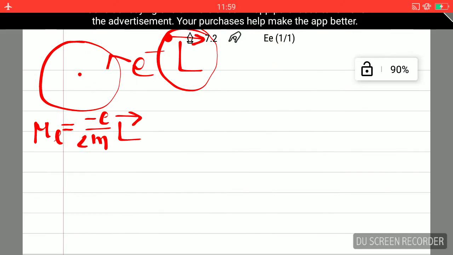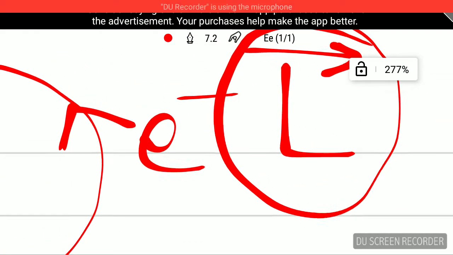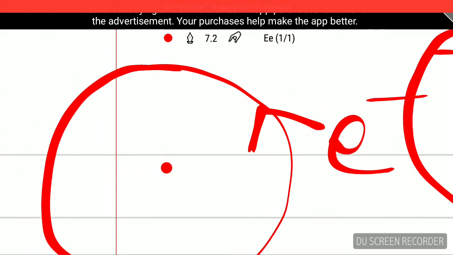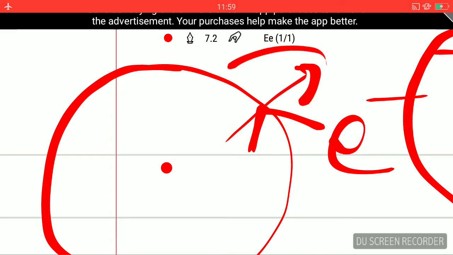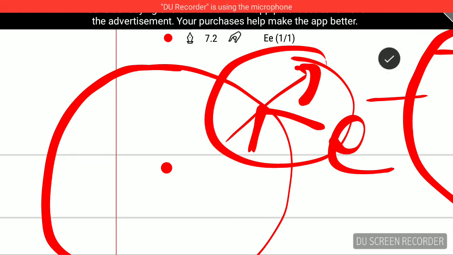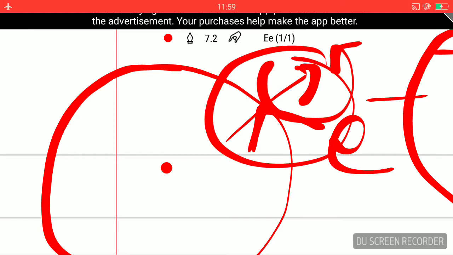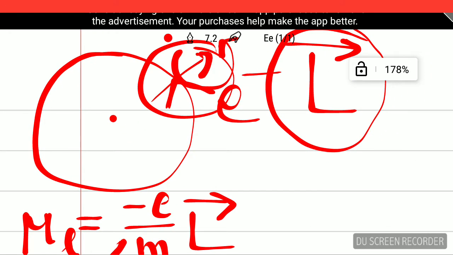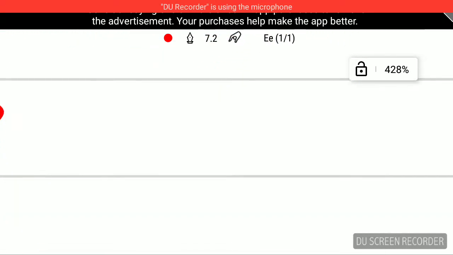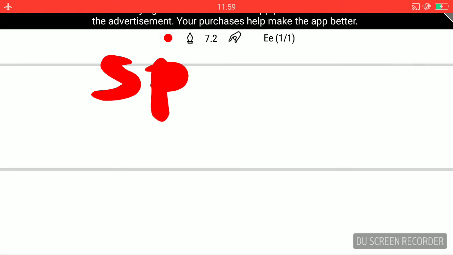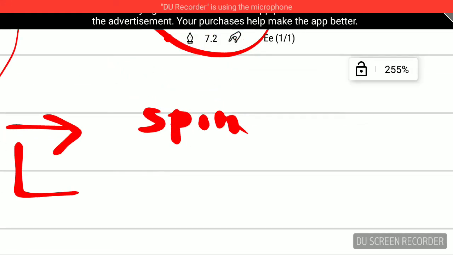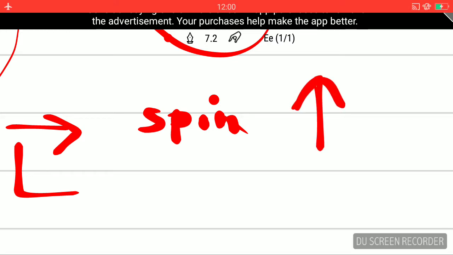We also know that each electron, in addition to the orbital motion, also has spin motion, and it spins around its own axis. Due to the spin motion, the electron can have either up or down spin.